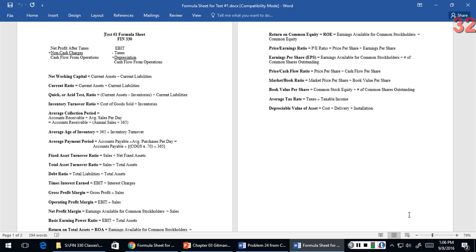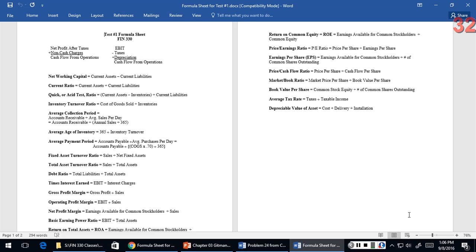That's going to be the same thing. Now this company doesn't have preferred stock dividends. So earnings available to common stockholders is equal to net profit after taxes. If you go to your income statement, it's going to be equal to this amount. Net profit before taxes. Net profit after taxes.